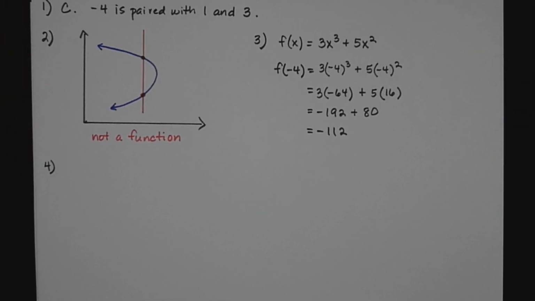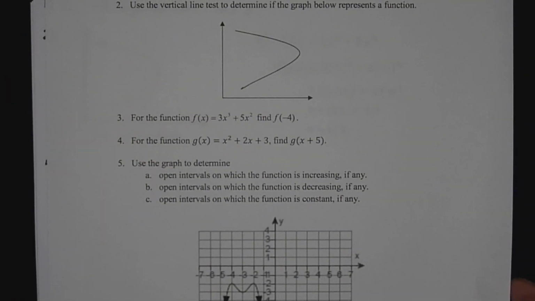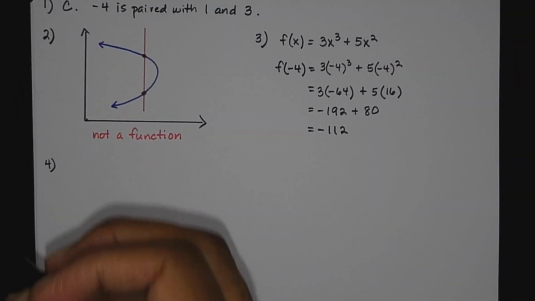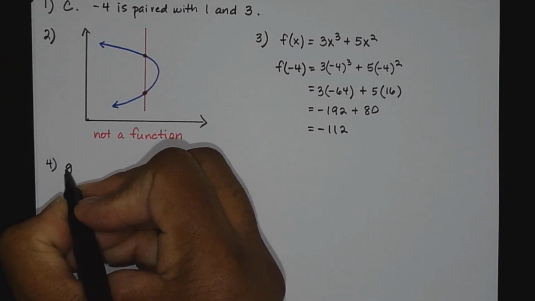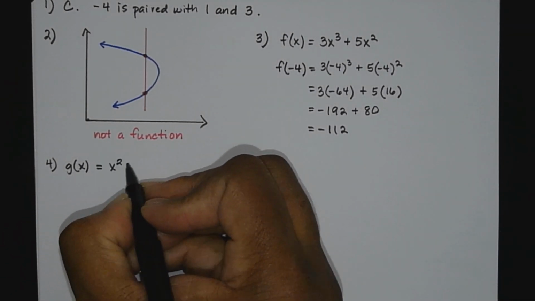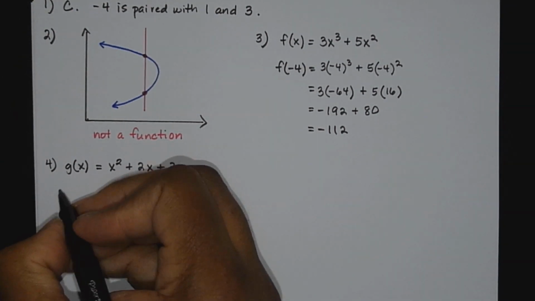All right, number 4. Now here we got g of x is equal to x squared plus 2x plus 3, and we're going to find out what g of x plus 5 will be. So here g of x is equal to x squared plus 2x plus 3.